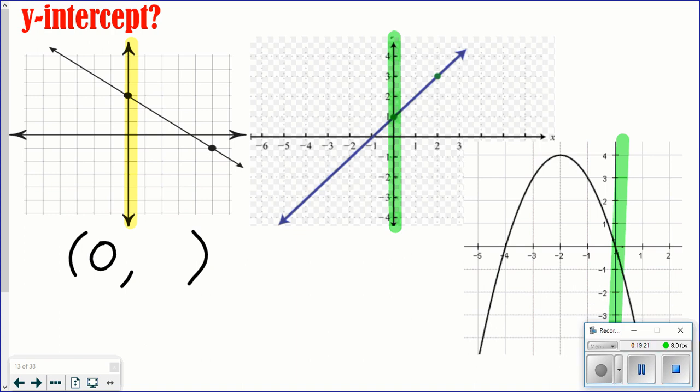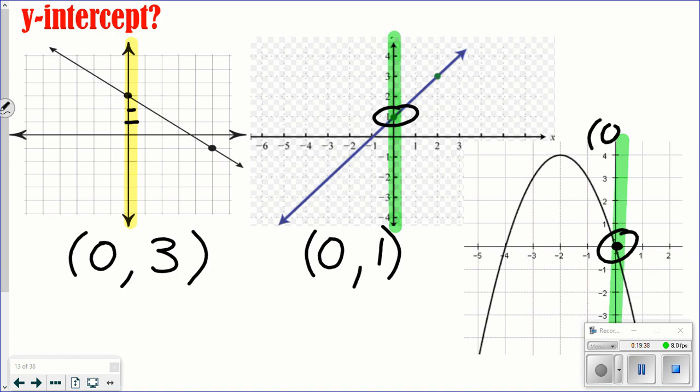So 0, if I count, it's 1, 2, 3. So 0, 3 is my y-intercept. This graph right here, it crosses at 0, 1. And this graph crosses right here, which is 0, 0.